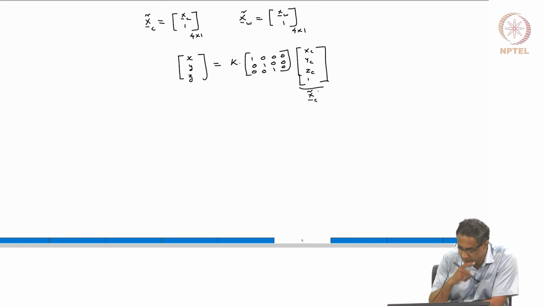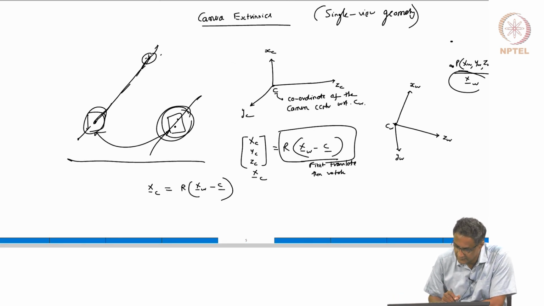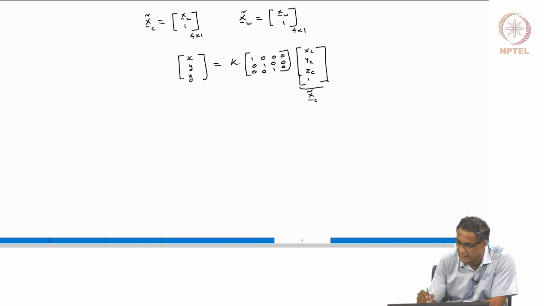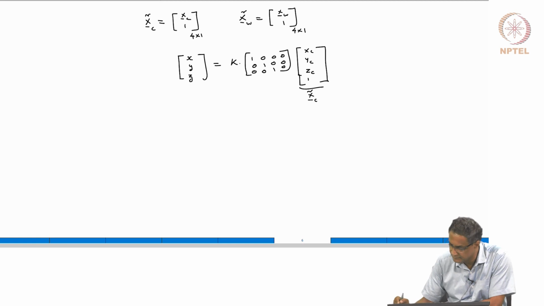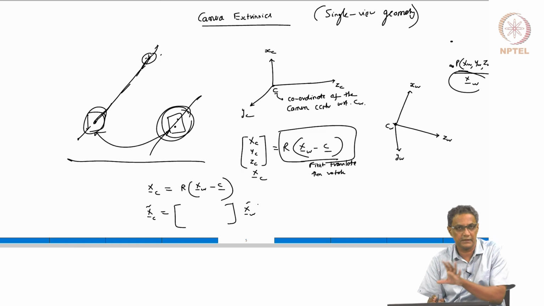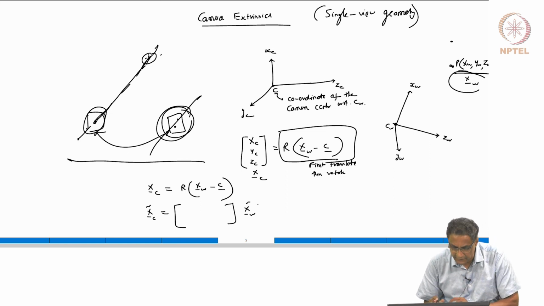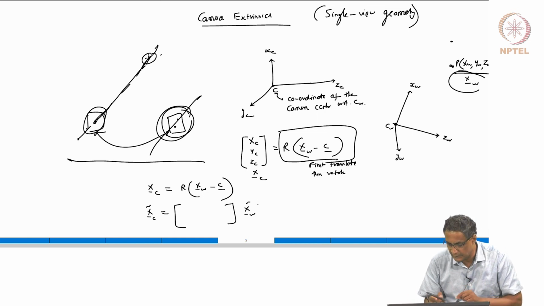Now we know from the previous expression that if I convert this into xc tilde, and I want to write it in terms of xw tilde, this is the xc to xw relation, but I want to express it in terms of the homogeneous coordinates.